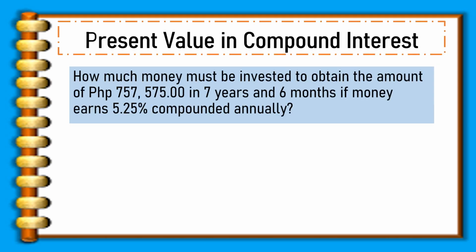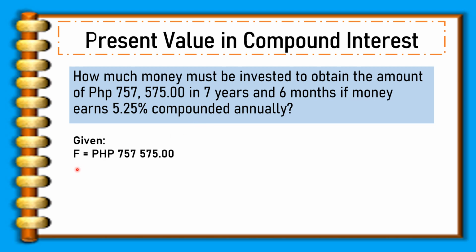Let us take this example. How much money must be invested to obtain the amount of 757,575 pesos in 7 years and 6 months if money earns 5.25% compounded annually?